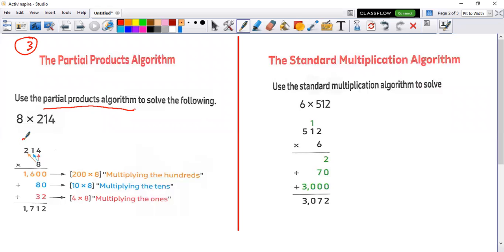Here 2 is 200 because 2 here is in the hundreds place. Put the two zeros. 8 times 2 equals 16. Here 1 is 10 because 1 here is in the tens place. Put the 0. 8 times 1 equals 8. 8 times 4 equals 32. Add all three results. The result is 1712.